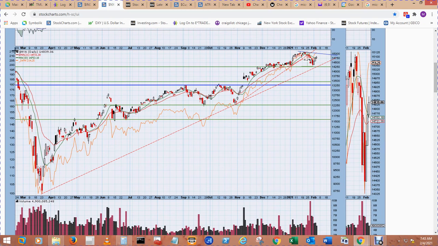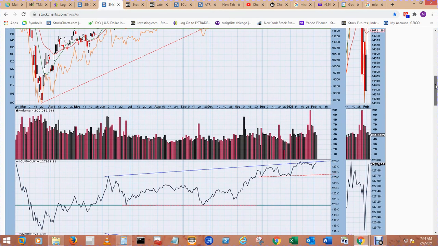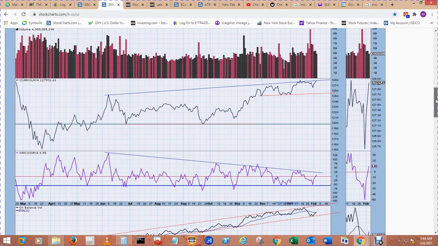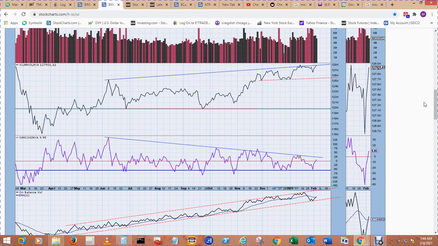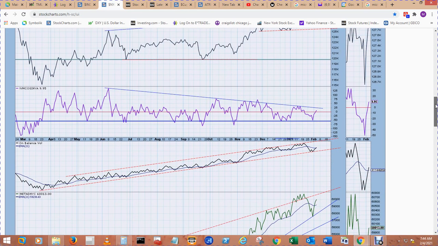Here's the New York All ARCA price action here. Volume. The cumulative volume. The McClellan volume oscillator for the NYA.